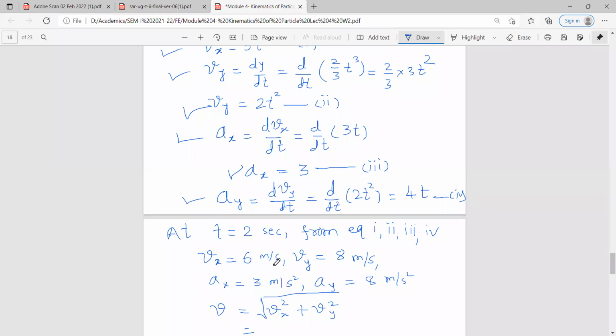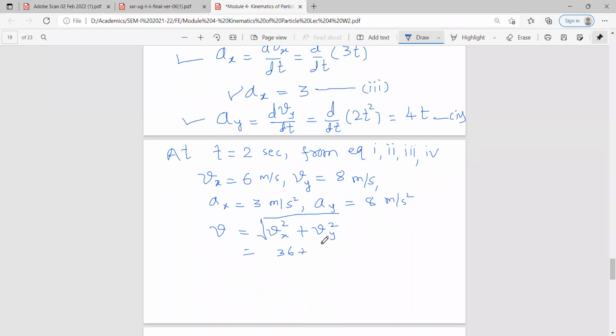That is 6, so 36, plus velocity in y direction is 8, so that is 64. Its square root will give 100 and the answer will be 10 meter per second. Now you know all these 5 parameters, you just go for calculating the radius of curvature. Did you get this example?